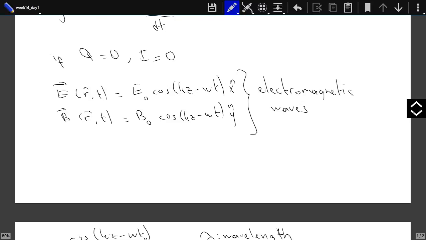You see, if you look over here, I'm writing the electric field at the point r, denoted by this vector r. It only depends on z. It doesn't depend on the x or the y coordinate, only on the z coordinate. I'm looking for such a system, such a solution. Whether it exists or not, we will see. But if we find it, it will tell us that there should be electromagnetic waves.